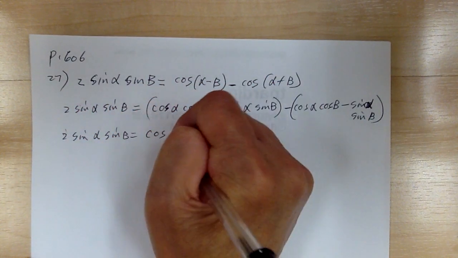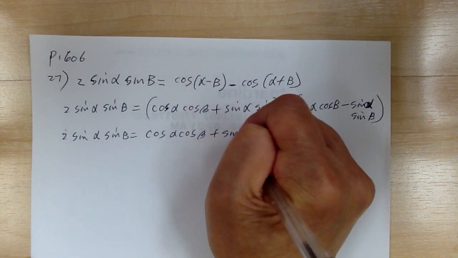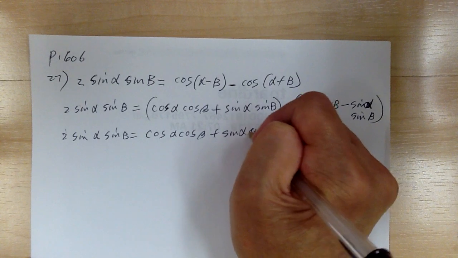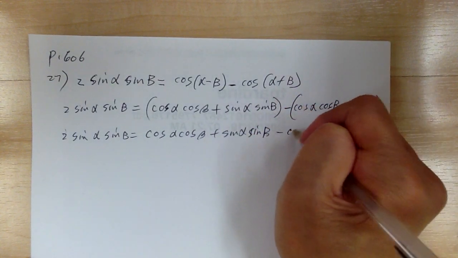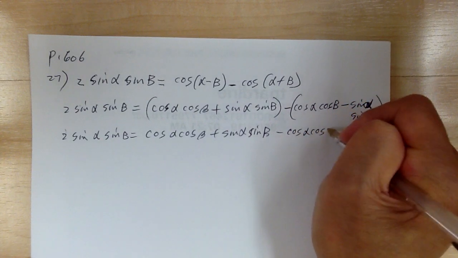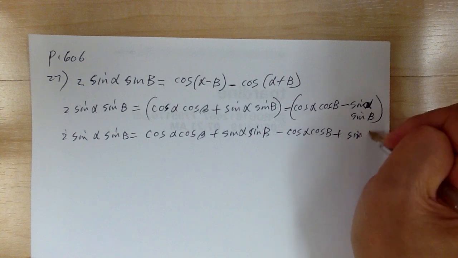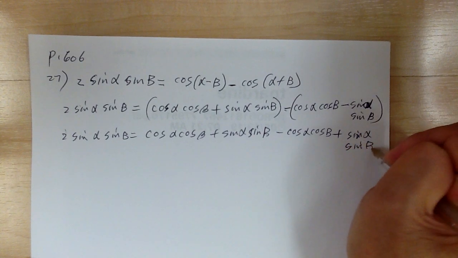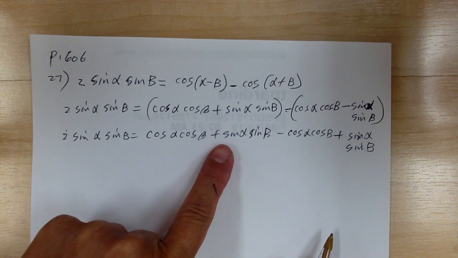So I get cosine alpha cosine beta plus sine alpha sine beta. Now this becomes minus cosine alpha cosine beta. Now minus minus becomes plus, right? So I get sine alpha sine beta. The next is I'm going to look for the like terms.